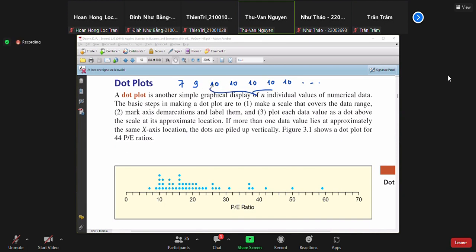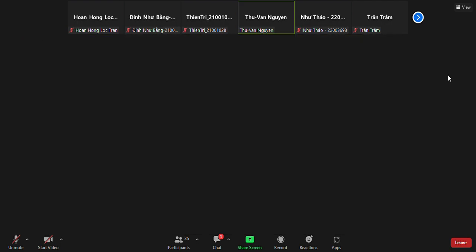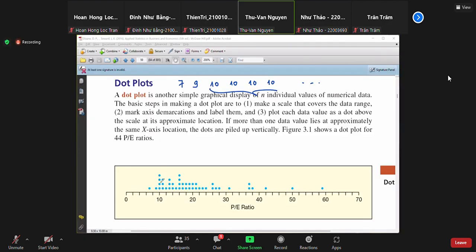But number 10, we have 4, so we plot the dots upward like this. Here at 10 we have 4 dots, stacked upward.